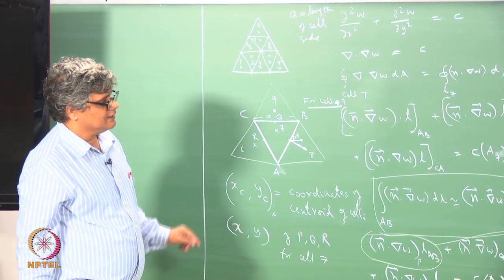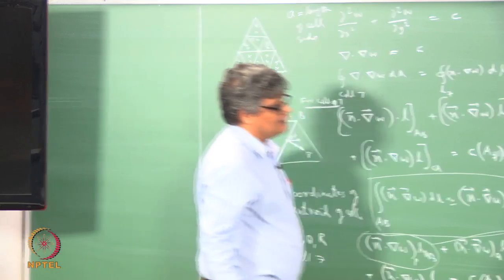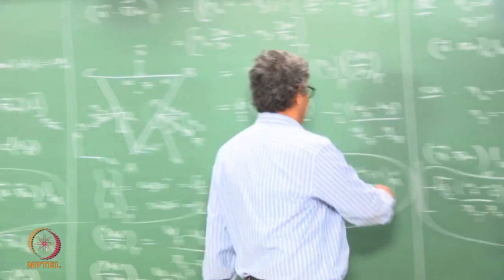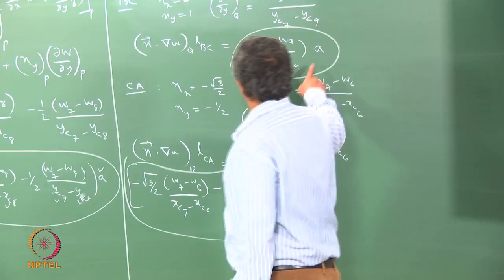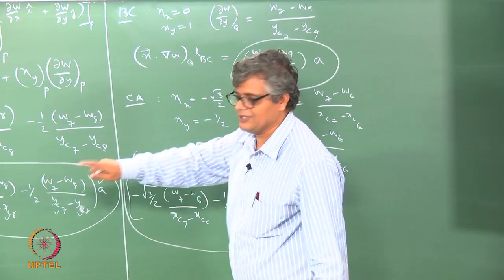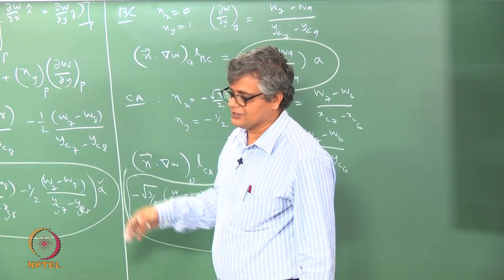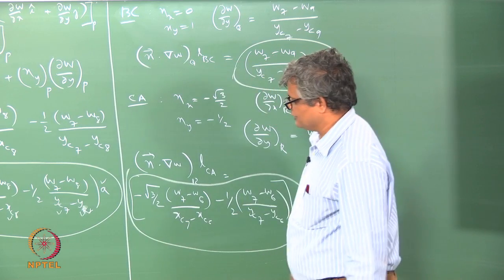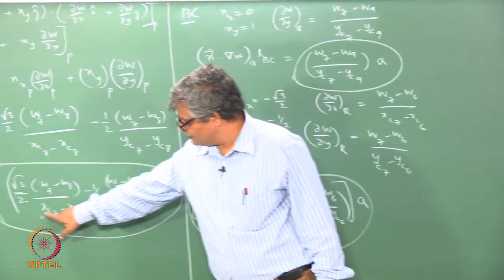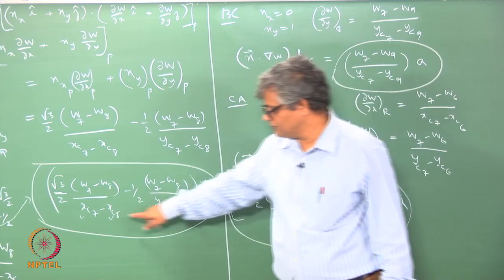And we can see that when we do that, what we have is an equation of this plus this plus this equal to C times area, where C is a constant and the area of the cell is known here, and the coordinates are all known and those are numbers.